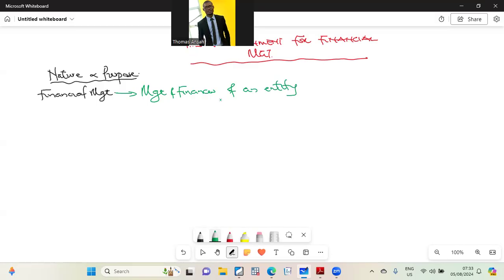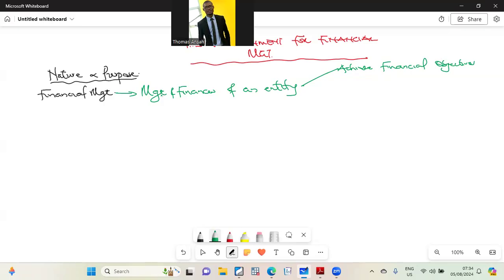All right. So when you manage the finance of the entity, what you are trying to do is achieve your financial objective. That is the main thing, financial objectives. Because a private entity, as it may be, wants to achieve a financial objective, and so you manage its financial resources so that you can achieve it.